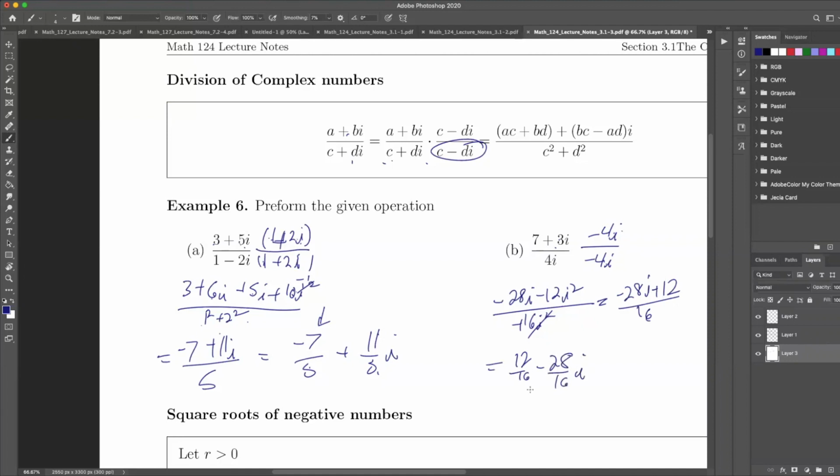And this is correct, or we could simplify this. 12 16ths is the same thing as 3/4. 28 16ths is the same thing as minus 7/4 i. And so how do we do this? We multiply by the conjugate. This will give us a squared plus b squared. Notice here, this would be 1 squared plus 2 squared, which is 5. Here we have no a, so 0 squared plus 4 squared is 16. And then we just do the normal multiplication as we did before up top.